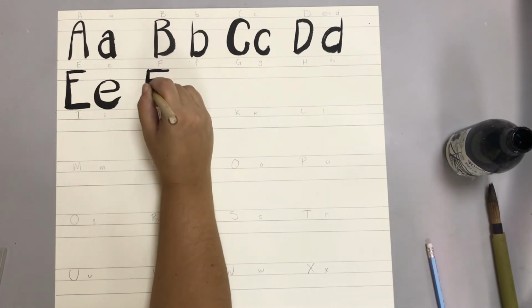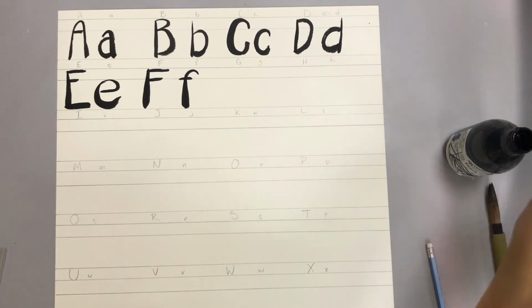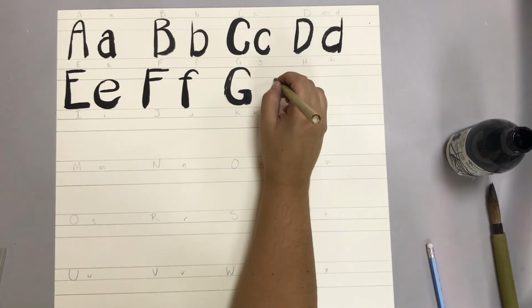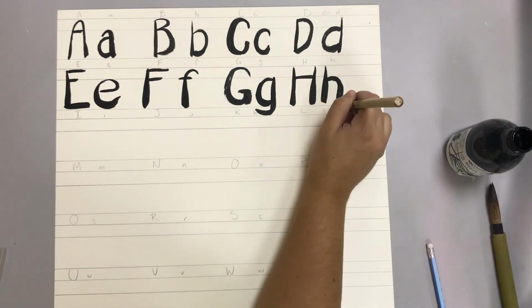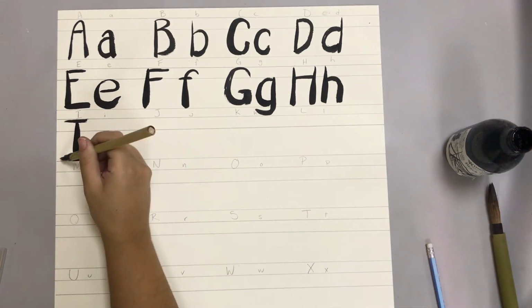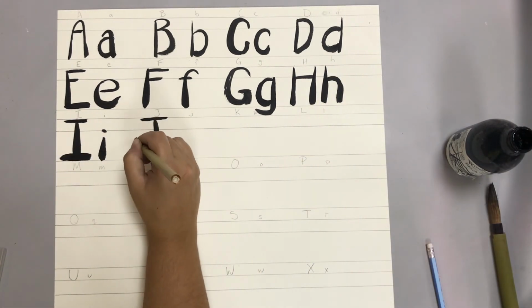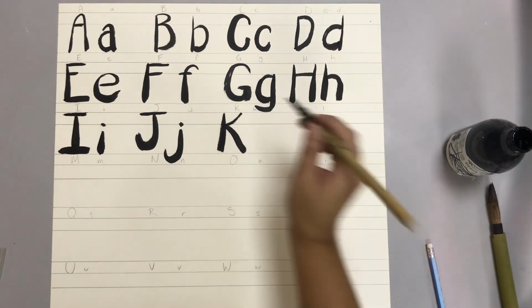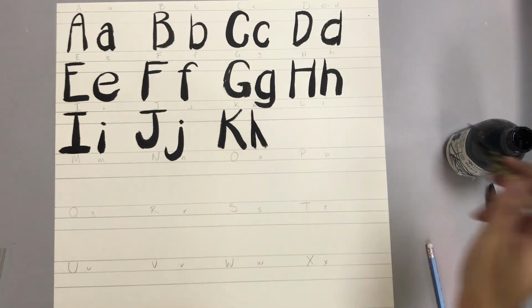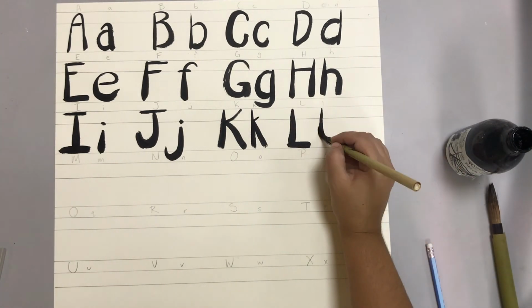I'm using my brush and the drawing ink to create my letters because I think the brush gives a great weighted line as I can affect the size of my line as I press more with the brush. You can see that I'm doing the entire alphabet, both upper and lowercase, and then when that's done, I'll be doing the numbers and some of the punctuation as well.